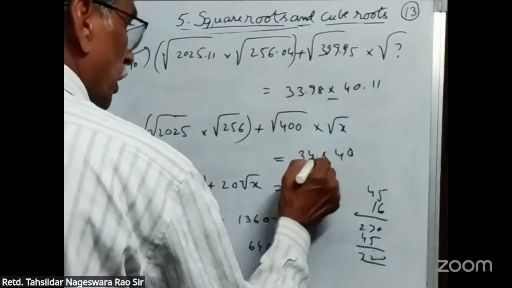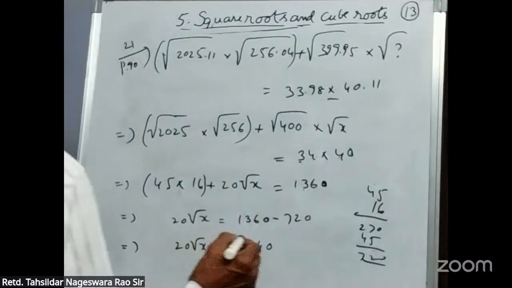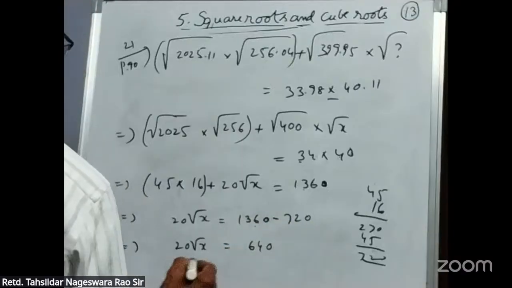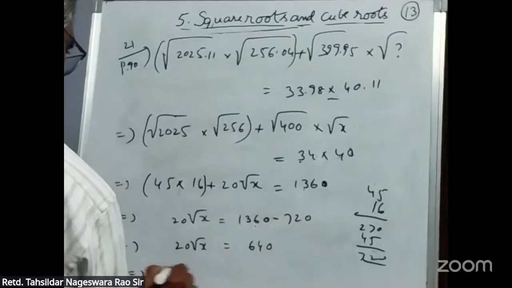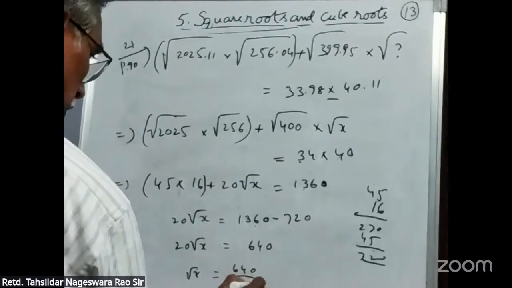34 into 40 means 4 times 16, that is 640. That means root x is equal to 640 by 20.